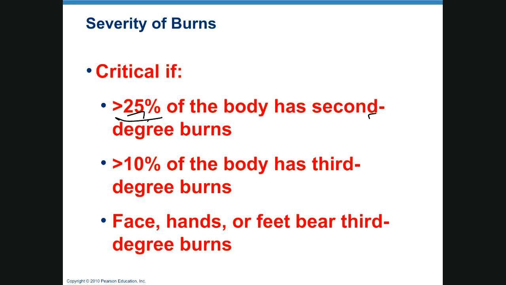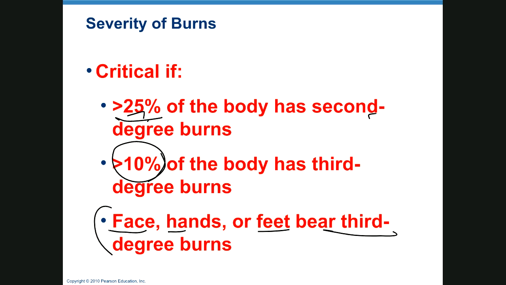More than 10% of the body with a third-degree burn is critical. Okay, if the burn happens in the hands, the face, the feet, a third-degree burn in those areas will be considered critical.